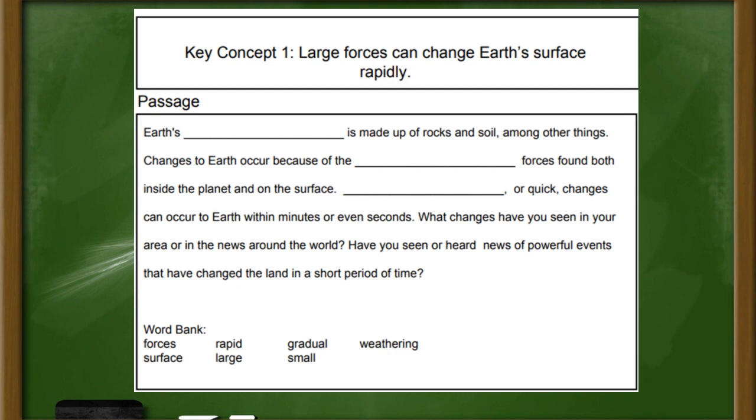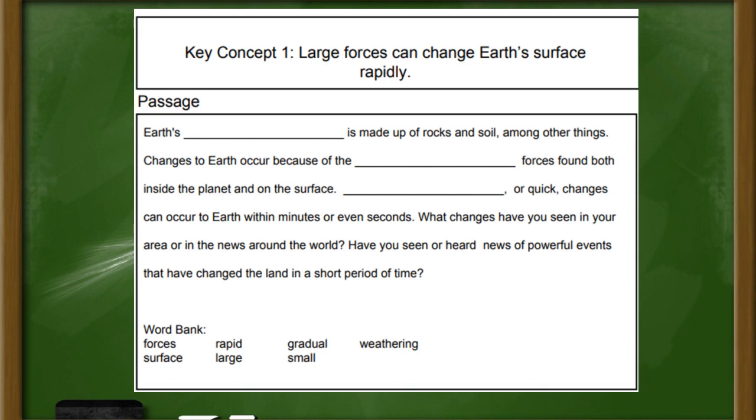Even if I wasn't sure of the answer, I could use process of elimination because surface is the only one that sounds right here, but it's also the correct answer. Earth's surface is made up of rocks and soil. I would choose the select down menu to select surface, or if I was writing in my answer, I would write surface and cross it off in my word bank.